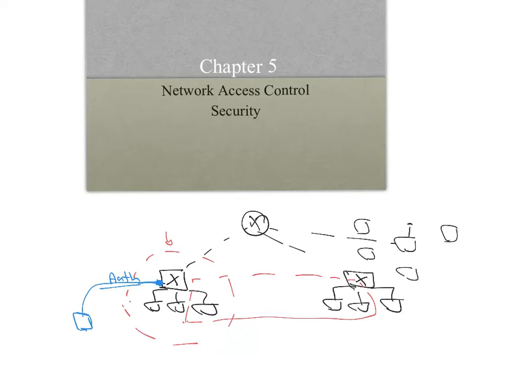We call it virtual LAN. Okay? Or it could be a big domain that contains multiple. But in all cases, it's a physical part or parts of the network. So that's what we are going to talk about in this chapter.